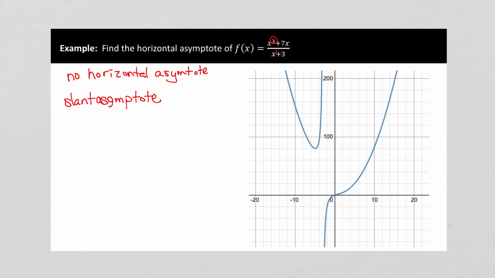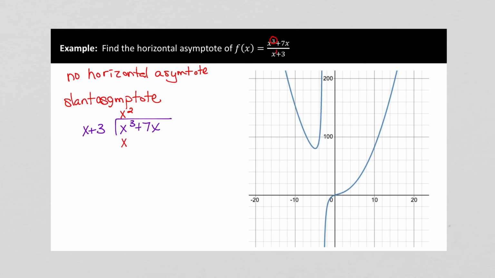So we'd have x plus 3 divided into x cubed plus 7x. I don't think you're asked to do this in your assignment, but I'm going to go ahead and do it for your benefit later on. So x would go into x cubed, x squared times.